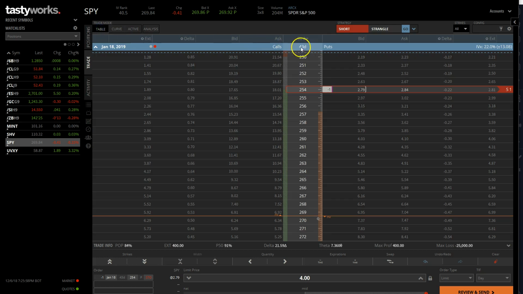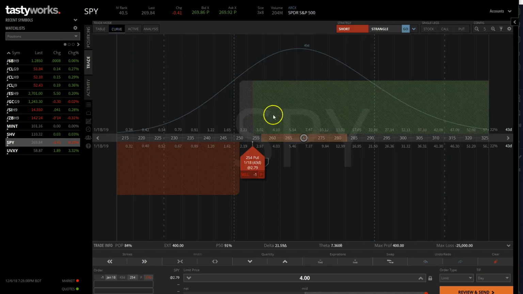So in 43 days, you can expect most of the time, around 60% of the time or so, it's going to stay between these prices. So if I can sell a put below that expected price, then the probabilities are on my side.